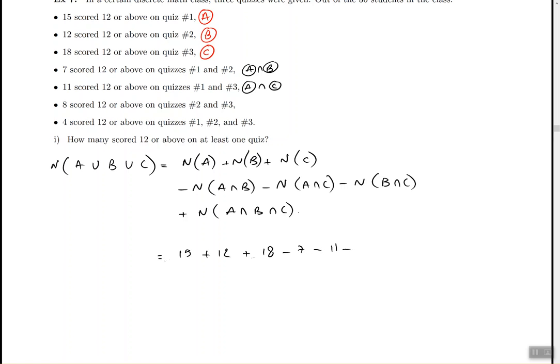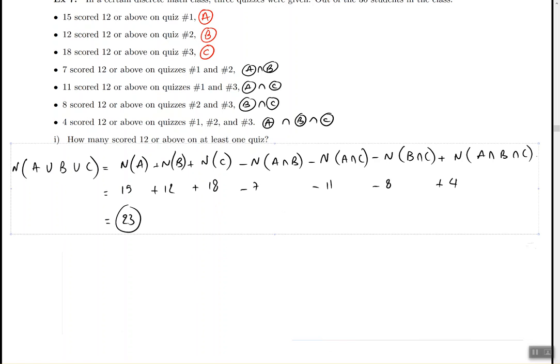And then take away the B and C, so that's 2 and 3 groups, B and C. That's a total of 8 students. And then we're gonna re-add the people that scored really high on quiz 1, quiz 2, and quiz 3. And that's gonna be 4 people. Okay, so putting that in the calculator, what do we get? So the total is 23. Okay, so that's how many people scored 12 or above on at least one quiz.